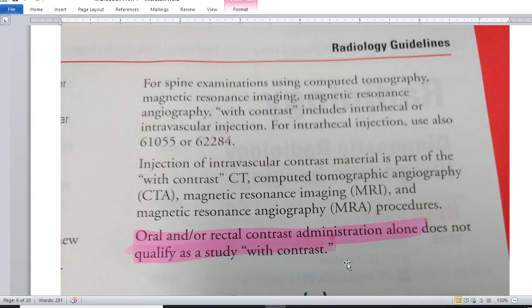We never do with and then without contrast. We always do without followed by with. So the patient will come in, they'll get scanned through the machine, they get pulled out, they get the contrast injected, they wait 15, 20 minutes, they scan the patient back in. Okay, so that's always how it works. So our choices will be without contrast only, with contrast only, or without contrast followed by contrast in the same session.